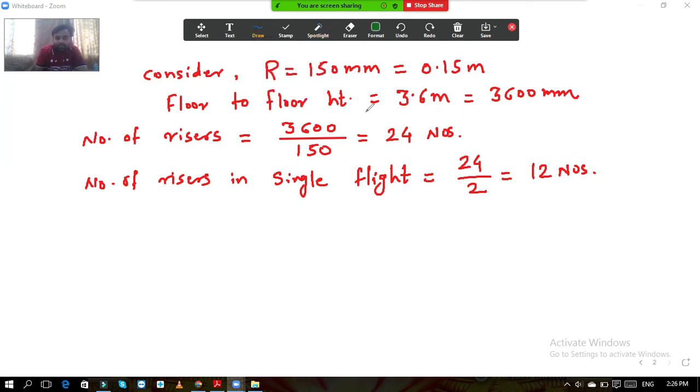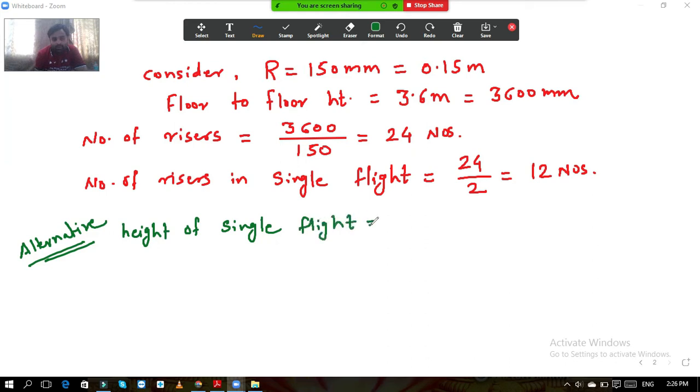Now floor to floor height is 3600. So the height of single flight, this is the alternative. By this way also you can calculate the same. What is the height of single flight? It is 3600 divided by 2, so 1800 mm is the height of single flight.